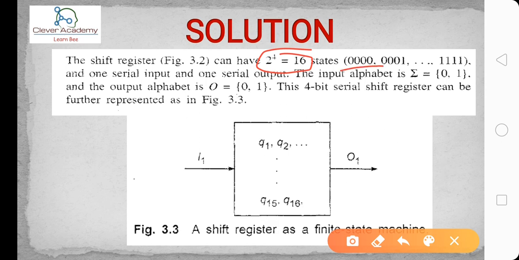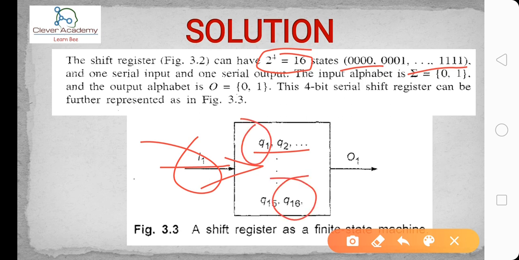You can take 0 0 0 0, 0 0 0 1, and so on, all the binary representations up to 1 1 1 1, and you will take the serial input and get the output. Whenever you represent this as the states of a finite state machine, you give input I1, and you represent the states Q0, Q1, Q2, up to Q6, and you get the output values.